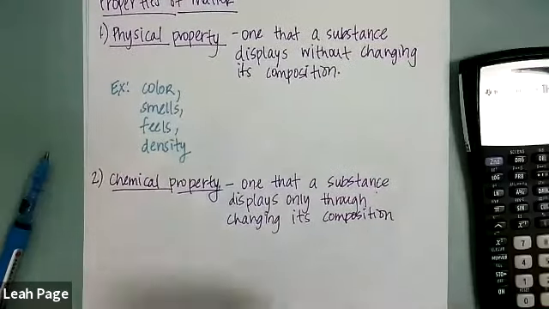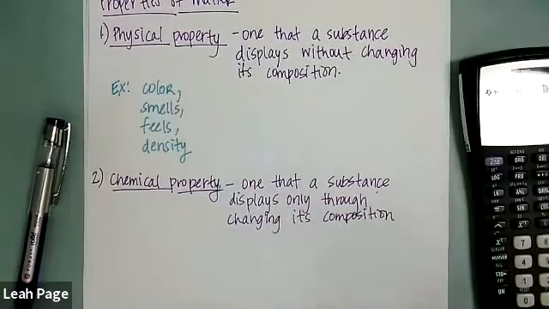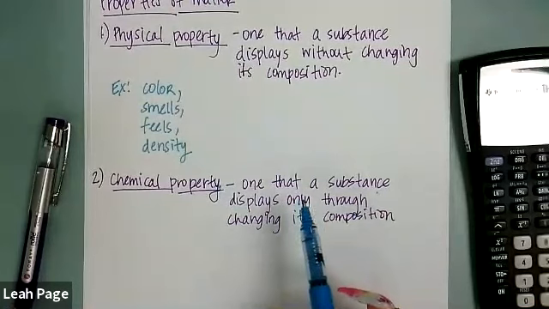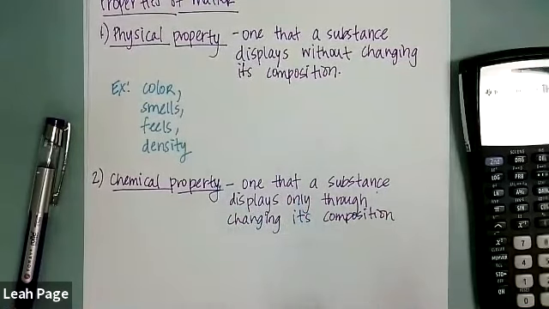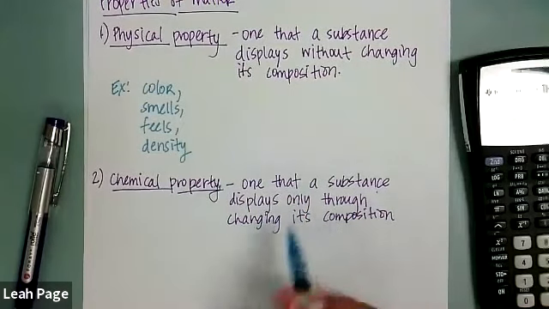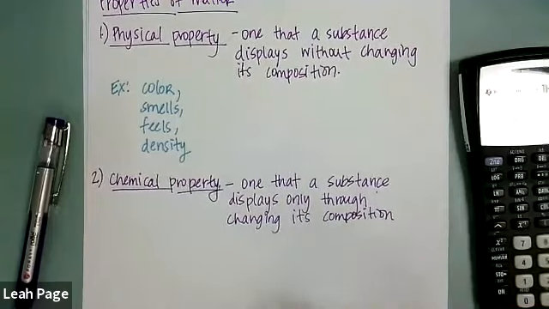So with that said, the only way you can see the chemical properties is when a substance changes its composition.